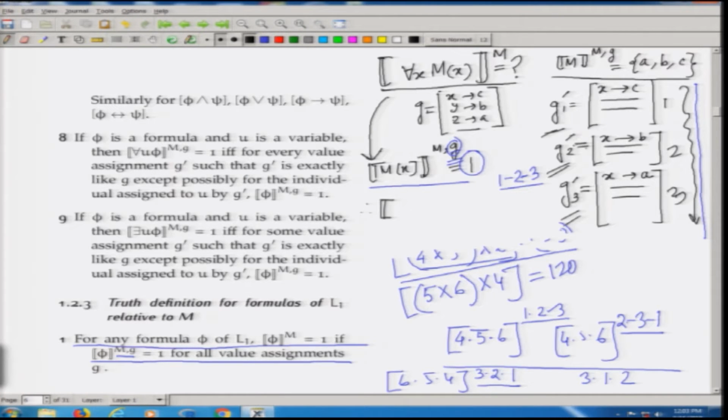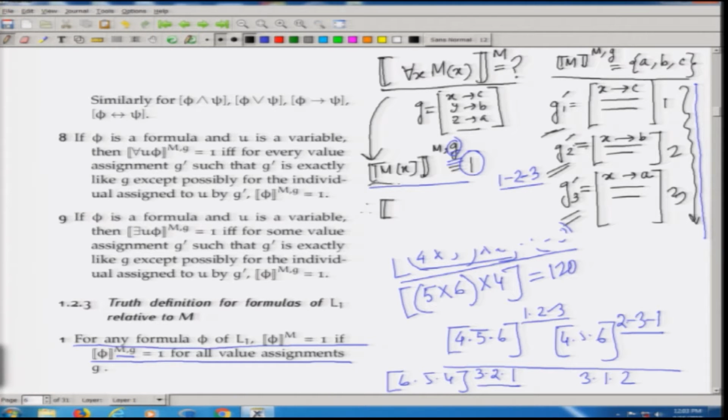We have seen for all value assignments g, and that is this rule: phi is a formula and u is a variable, whatever, this is the construction. All u phi, that is our all x mx, is 1 if and only if for every value assignment g prime, such that g prime is exactly like g except possibly for the individual assigned to u by g prime, the denotation of phi with respect to M and g prime is 1.